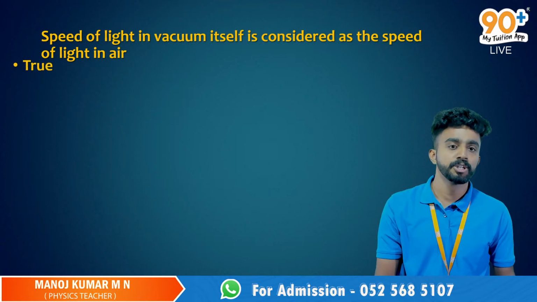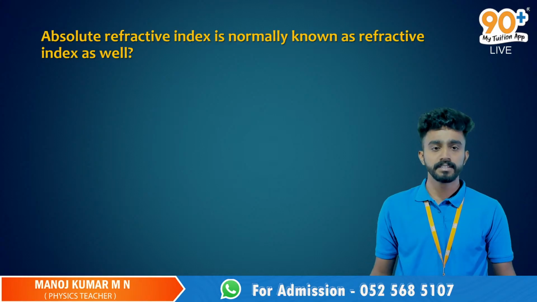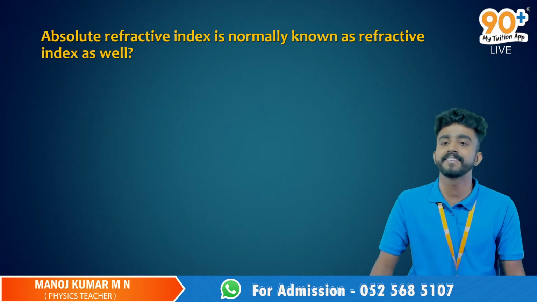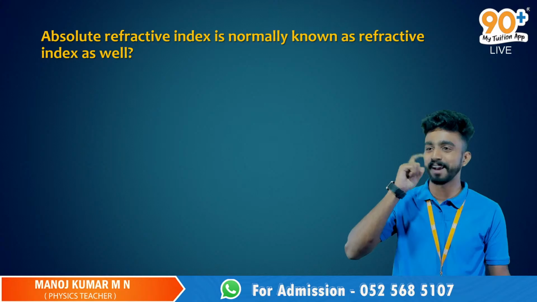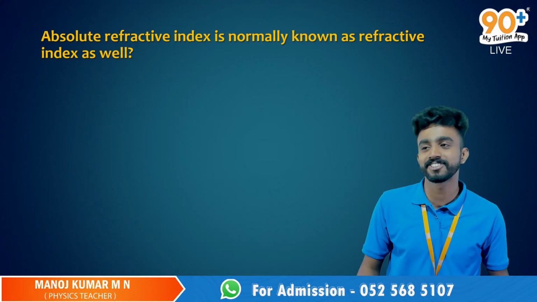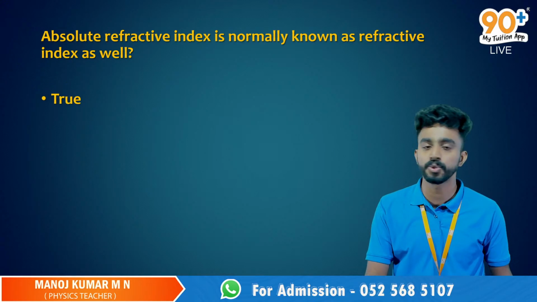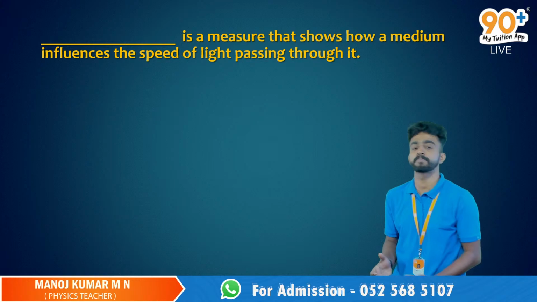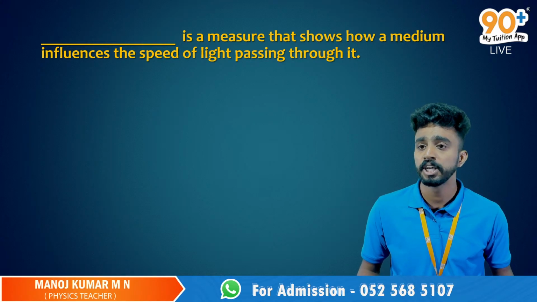True, right? Absolute refractive index is normally known as refractive index as well, so the statement is perfect. Now, dash is a measure that shows how a medium influences the speed of light passing through it. It is obviously the optical density.